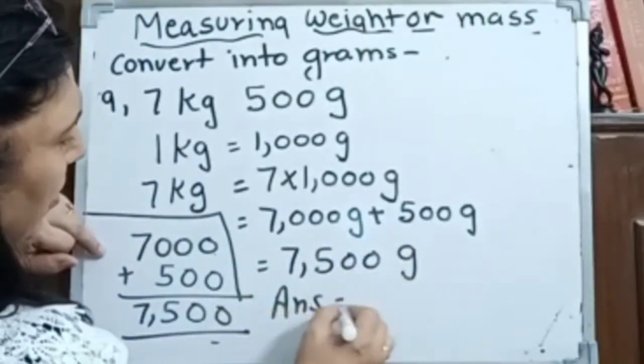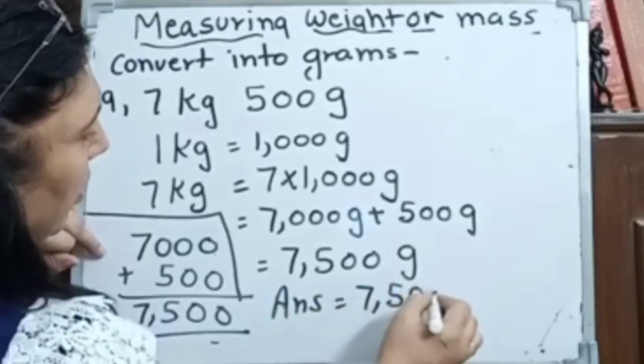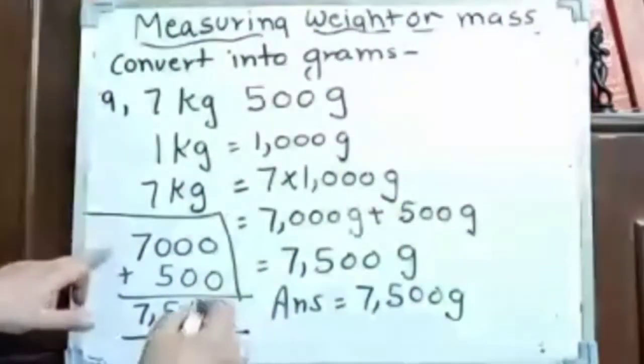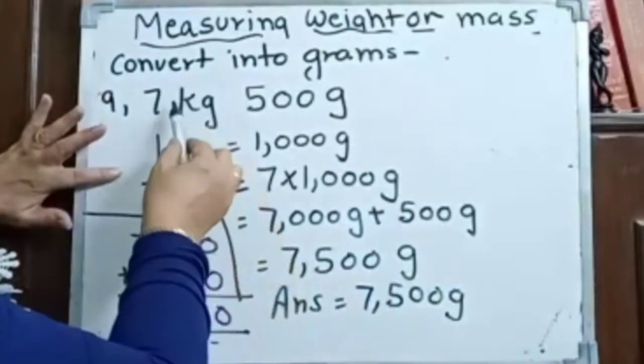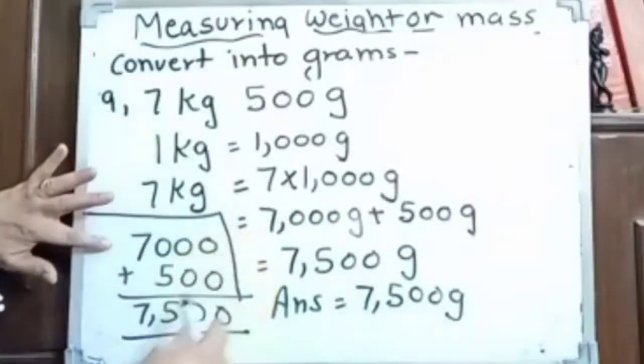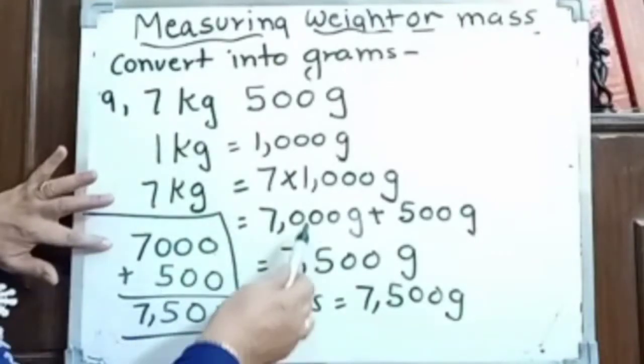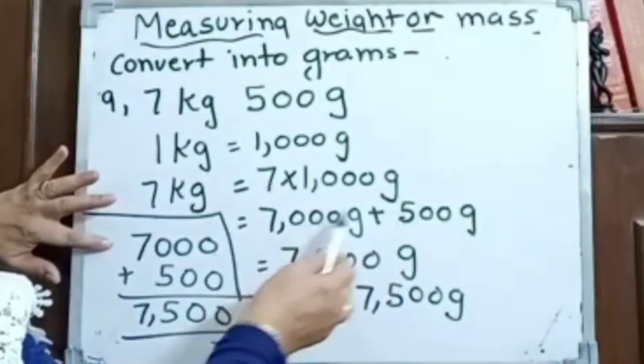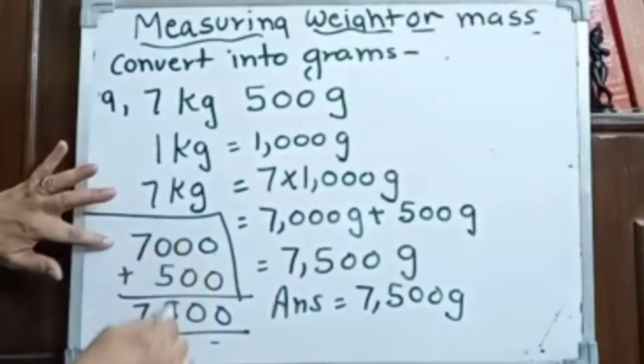The answer is 7,500 grams. So when you have a conversion of kilogram to gram, always use this rough column. Otherwise you will get confused. 7,000 plus 500, do it in the rough column and then write the answer.